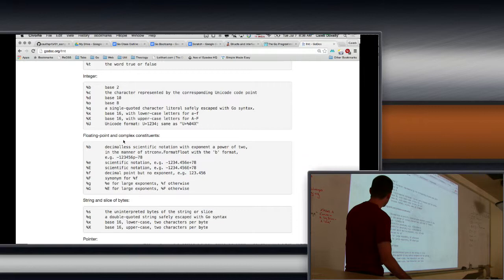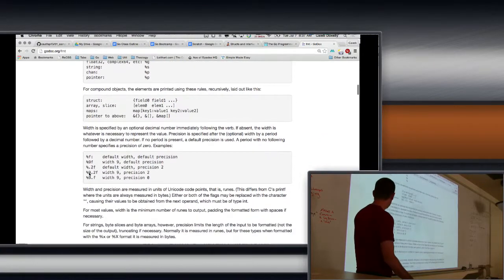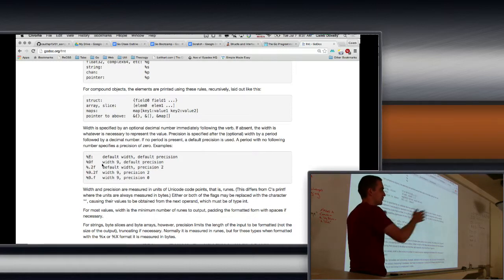Here's scientific notation, here's decimal point with no exponent, 123.456. It turns out you can put things before that letter. We have %f, default width, default precision. That's automatic, 2 digits or 3 digits or 5 digits. But you can put a number, so width 9, or you can put the decimal place, 0.2.